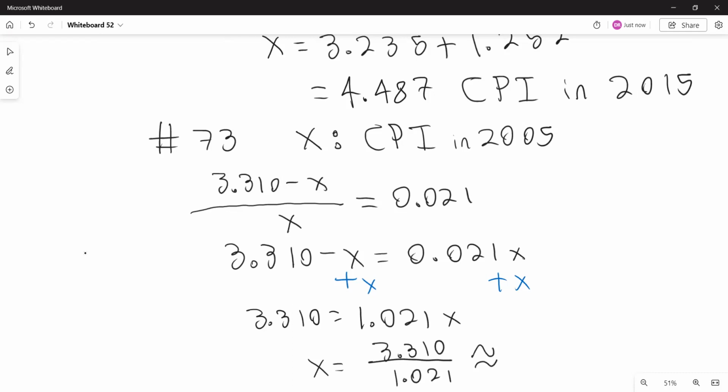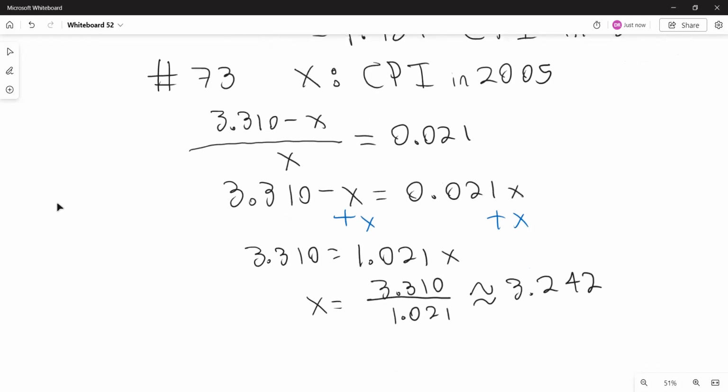So the base CPI is about 3.242. So this is the consumer price index in 2005.